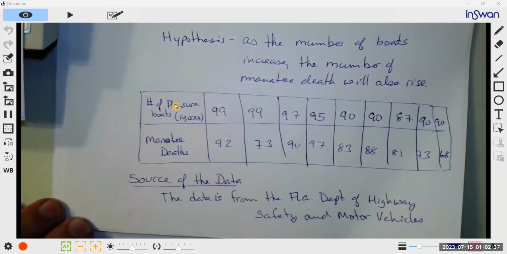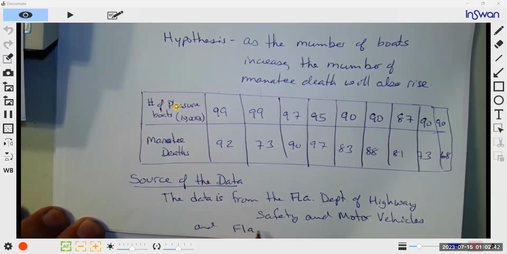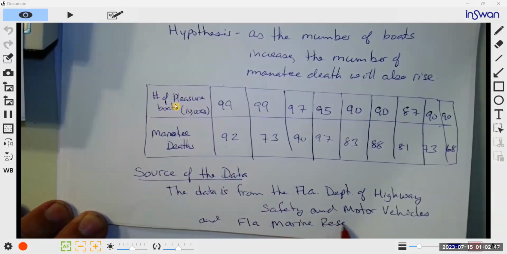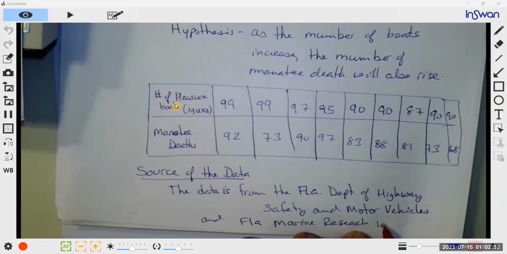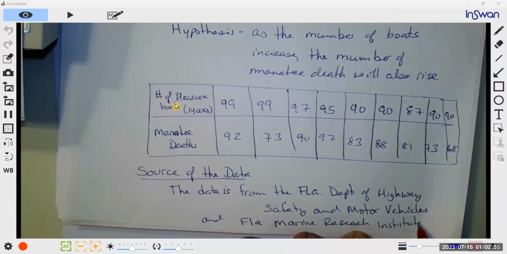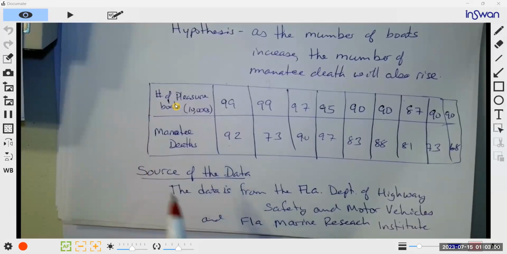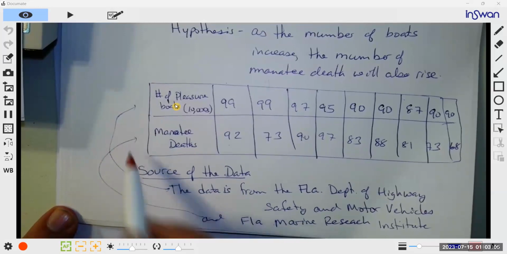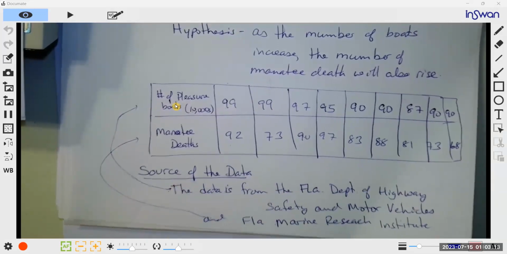So that's for the boats. And the Florida Marine Research Institute. So this data is from the Department of Motor Vehicles. This data is from the Florida Marine Research Institute. So we know the data here is pretty accurate. So that's the first thing I have to look at.